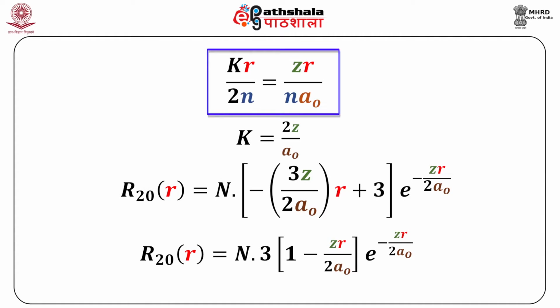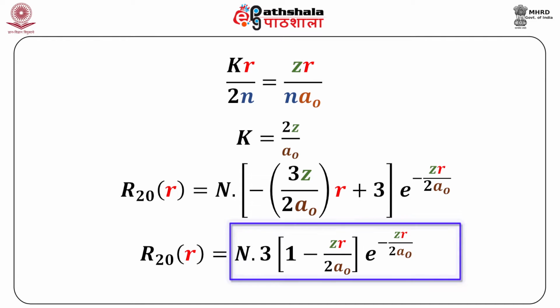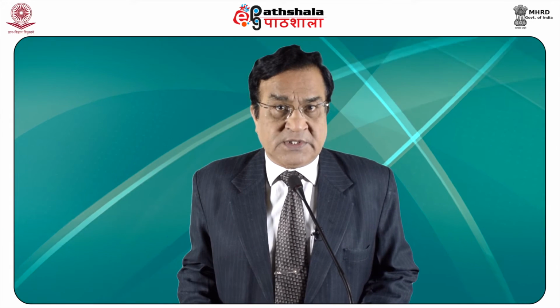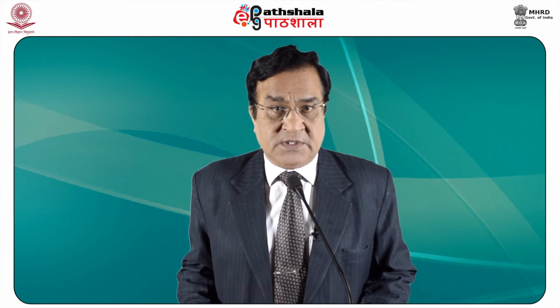And since we also know that kr/2n is Zr/na0, ultimately we get the radial function for 2s orbital, which comes out to be N multiplied by 3 (1 - Zr/2a0) e^(-Zr/2a0), where N is the normalization constant. This function can then be normalized.